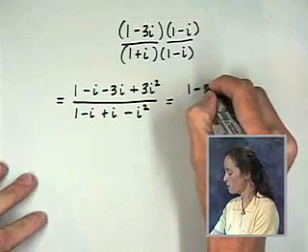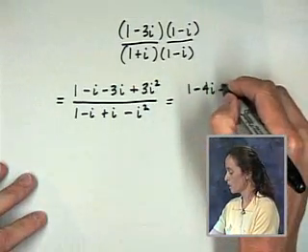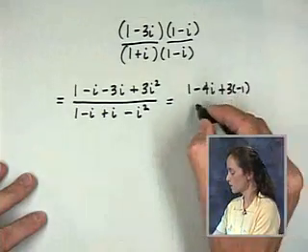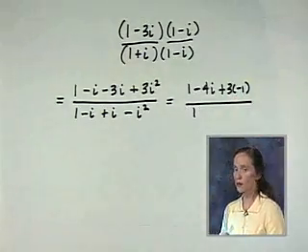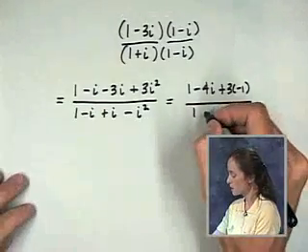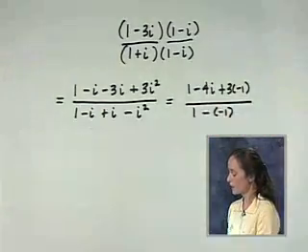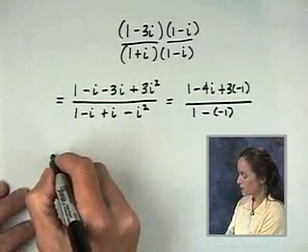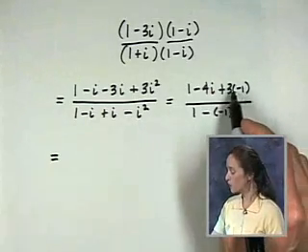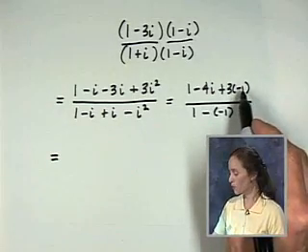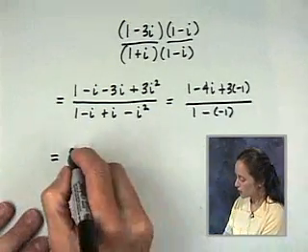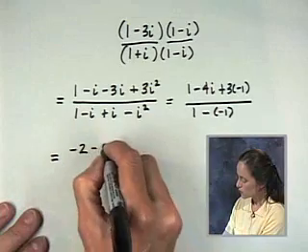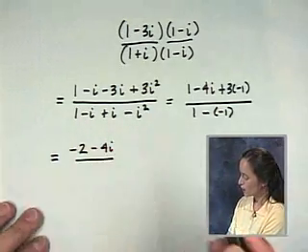That gives me 1 minus 4i plus 3 times negative 1 over 1, and notice that the i's combine to 0 in the denominator, but I still have minus negative 1. Back to the numerator, 3 times negative 1 is negative 3. If I add that to the positive 1 to the left, I end up with negative 2, still minus 4i.